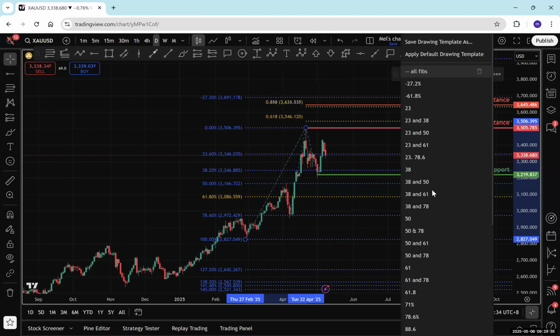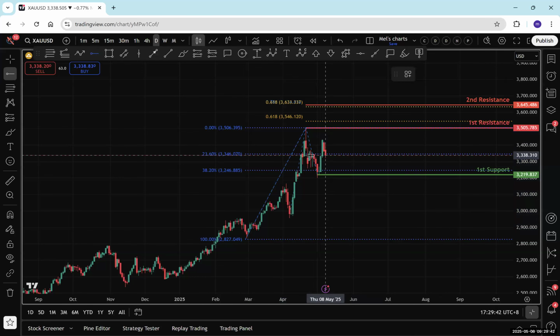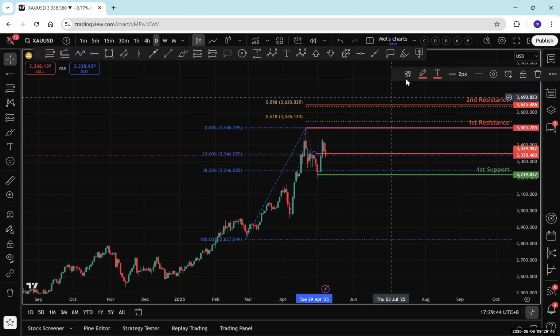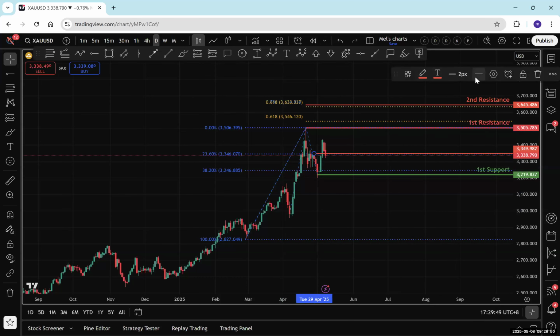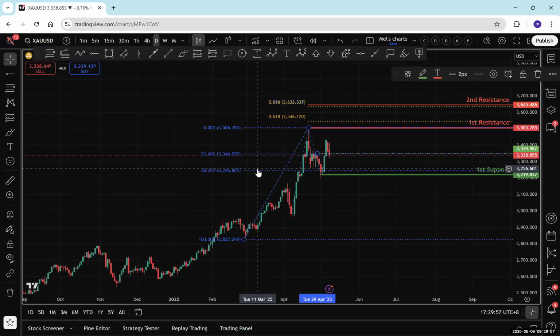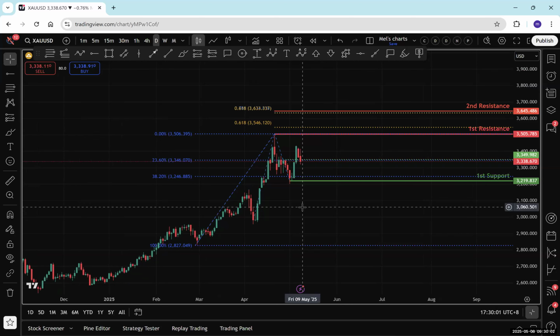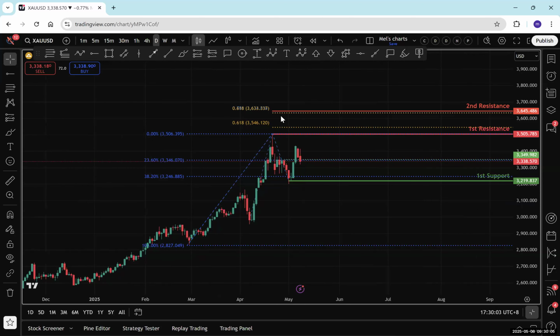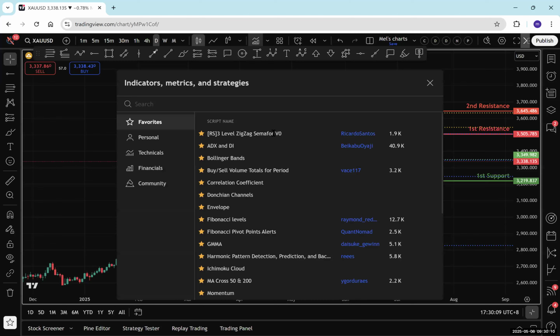You can see that 38 lines up nicely. I'm actually going to keep the 23 and the 38 because price is currently reacting off of that 23.6. So this is going to be my intermediate support. Okay, for now I think that's all the levels we have. So let me pull out our indicators.